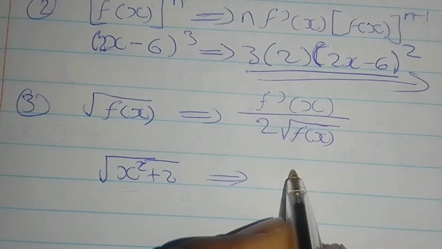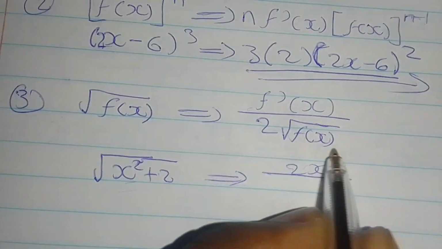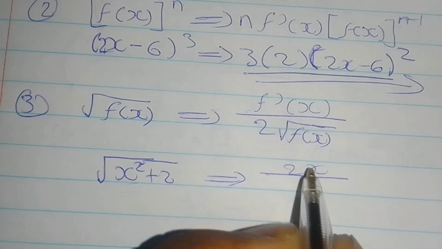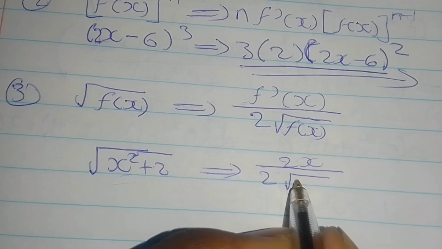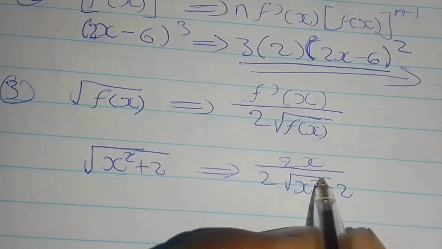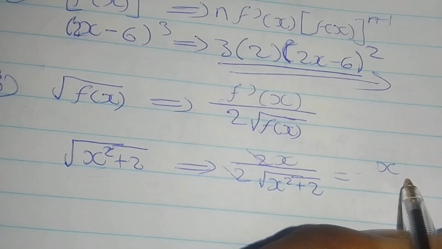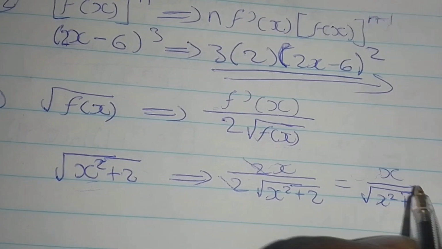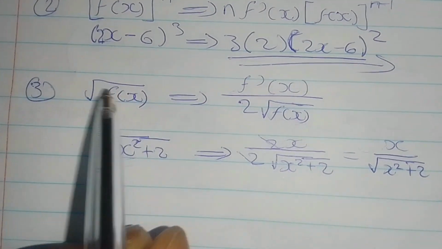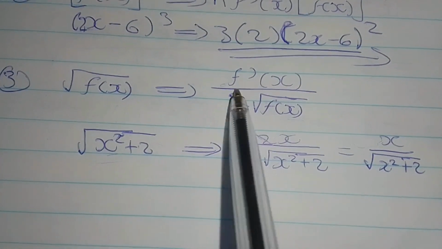The derivative of x squared is 2x. The derivative of 2 is 0. So you're just going to have the derivative of f as 2x. And you're going to divide that by 2 multiplied by the square root of x squared plus 2. Now notice that the 2's cancel, and you're going to have x divided by the square root of x squared plus 2. So that's how you can derive any function that's inside the square root by just memorizing this formula.